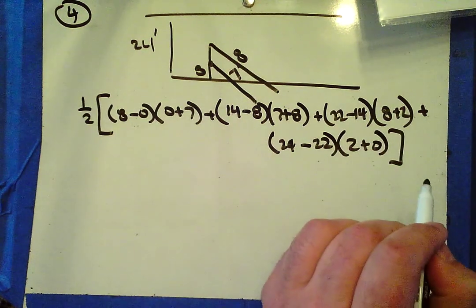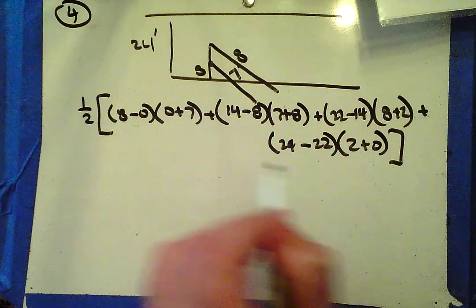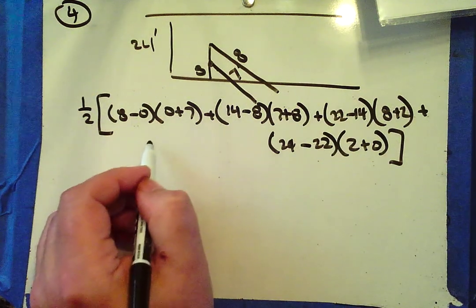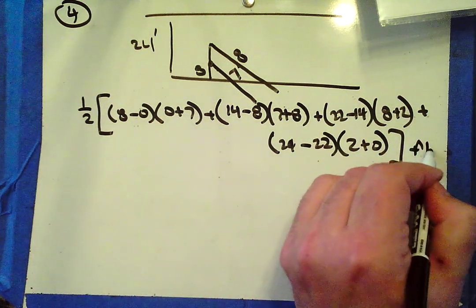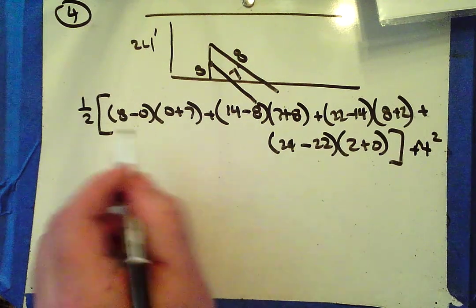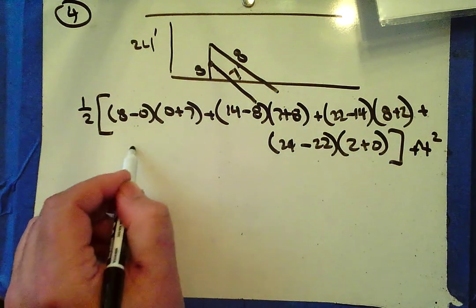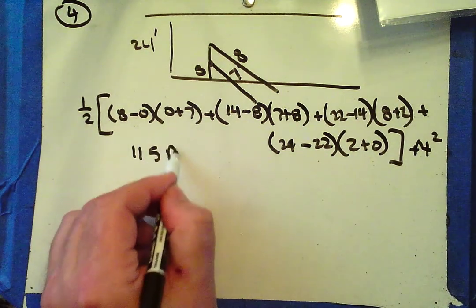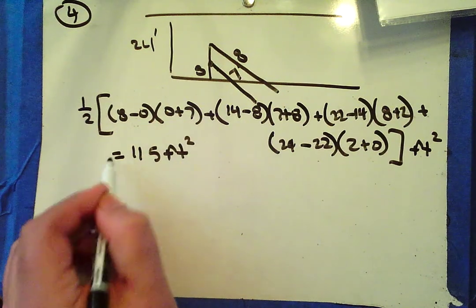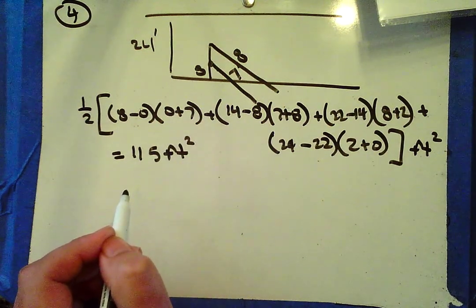Again, I would leave my answer like that, but if you're a glutton for punishment, you should end up with, oh, and they did want feet squared, so don't forget that if you leave it in this form. You should end up with 115 feet squared as the cross-section of the river.